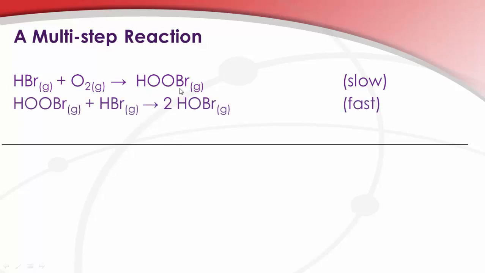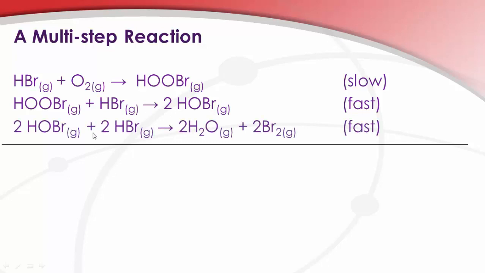That intermediate reacts with another molecule of hydrogen bromide to form another intermediate. Two of those intermediate molecules react with two more hydrogen bromides to form water and two bromine gas molecules.